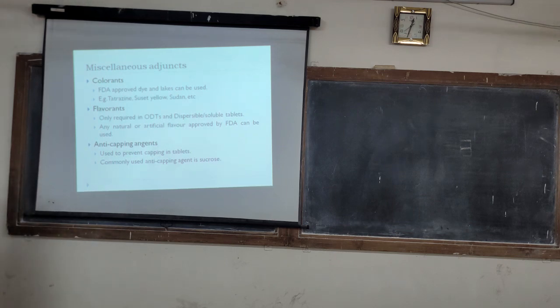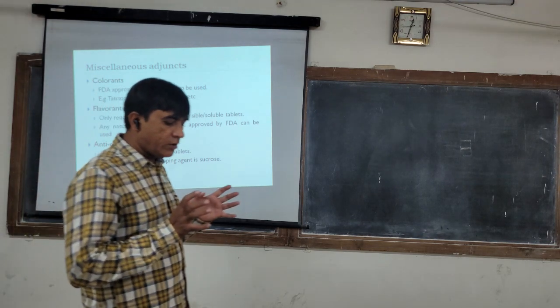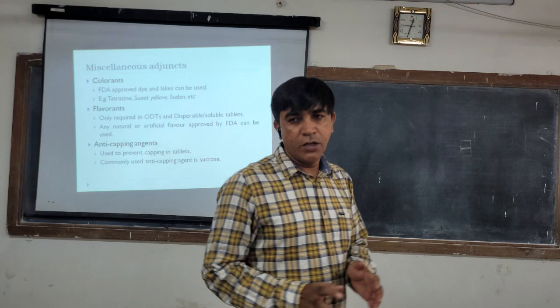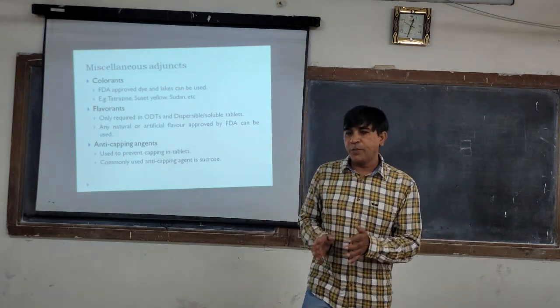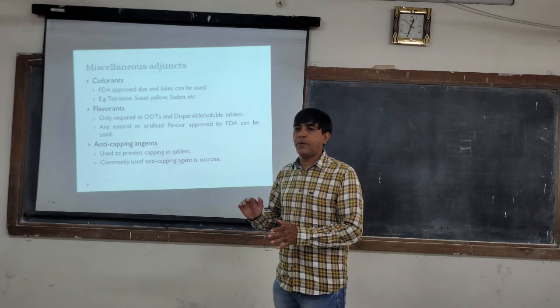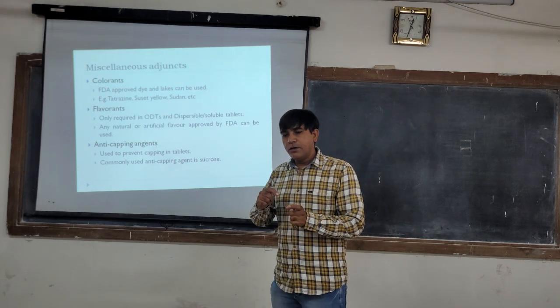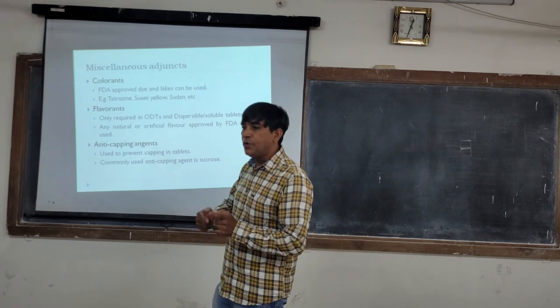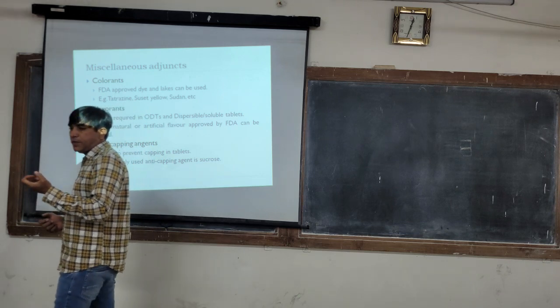Next is anti-capping agents. When we are preparing tablets of an ingredient or API which has poor compressibility, there are chances of capping. Capping is the removal of the upper or lower part, the crown of the tablet. Now, in order to prevent capping, we need to incorporate some agents which will increase the binding within the tablet.